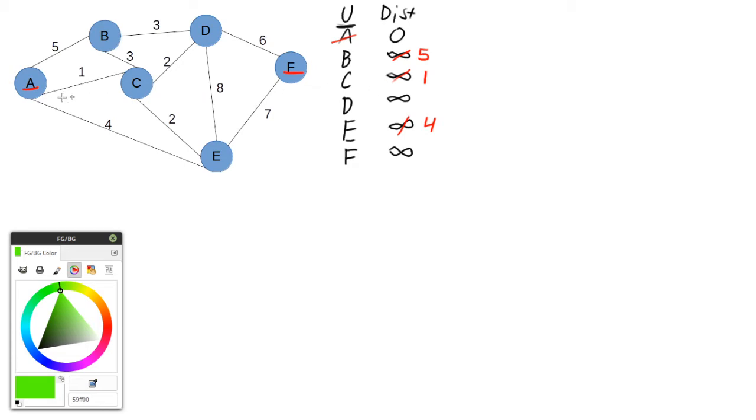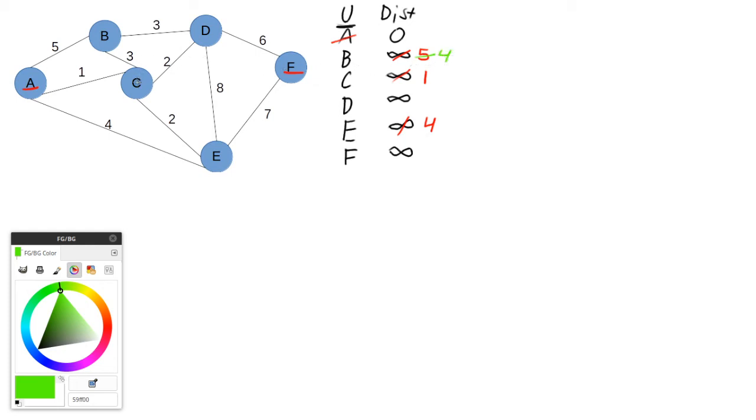So we don't go back to A because A is no longer in the unvisited set. But we can look at B, and the distance to B from A going through C, so this distance here, is 4. And 4 happens to be lower than the current distance, so we're going to cross that out and change that to the new distance of 4.